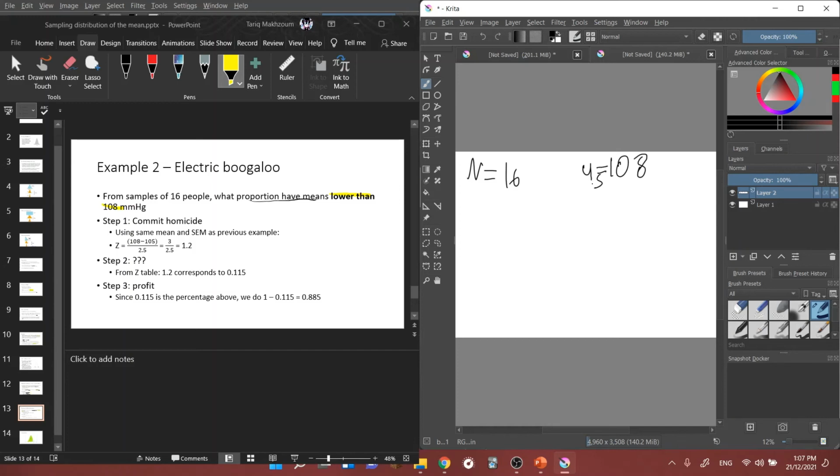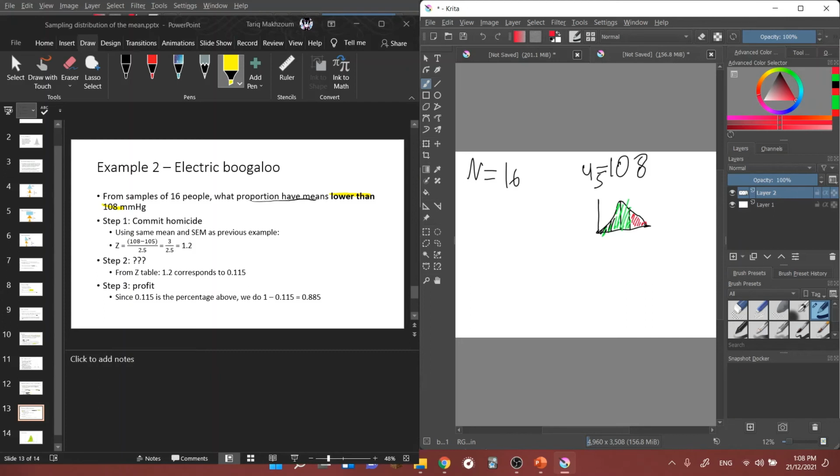So we need to find the probability of getting 108 or lower. What does this look like on the graph? Here's 105, here's 108. We're trying to find this part of the graph. That's step one. We start by finding the standard error of the mean.